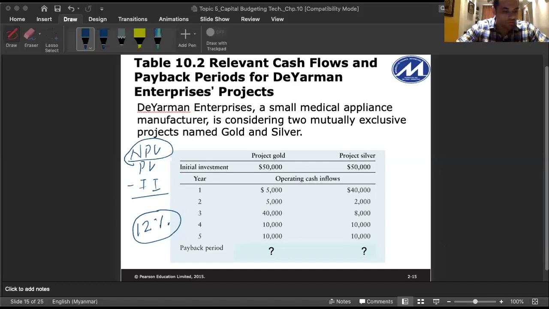Finished? Yes or no? You took too long to complete the question. Project Gold is $1,049. Project Silver, $5,032. Anybody else who calculated the same number or a different number?